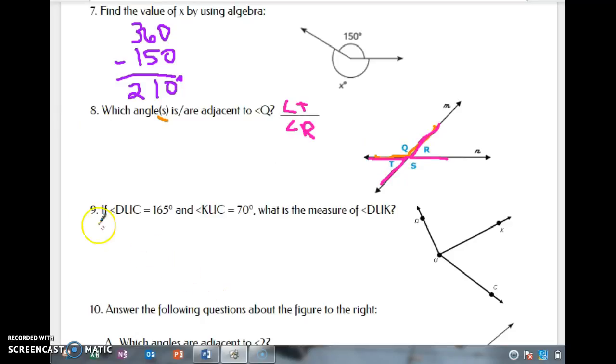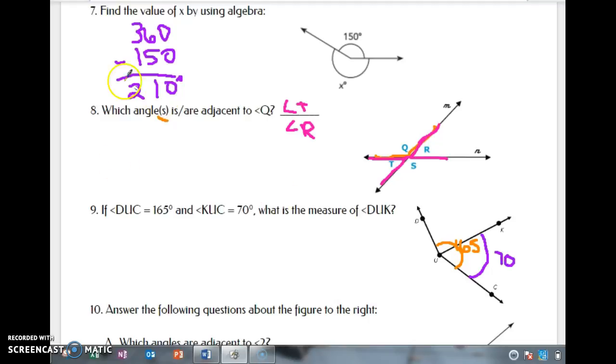Okay, then question 9, if angle DUC is 165 degrees. So DUC, that means this whole thing is 165. All right, and then it says that KUC, which is just this angle, is 70.